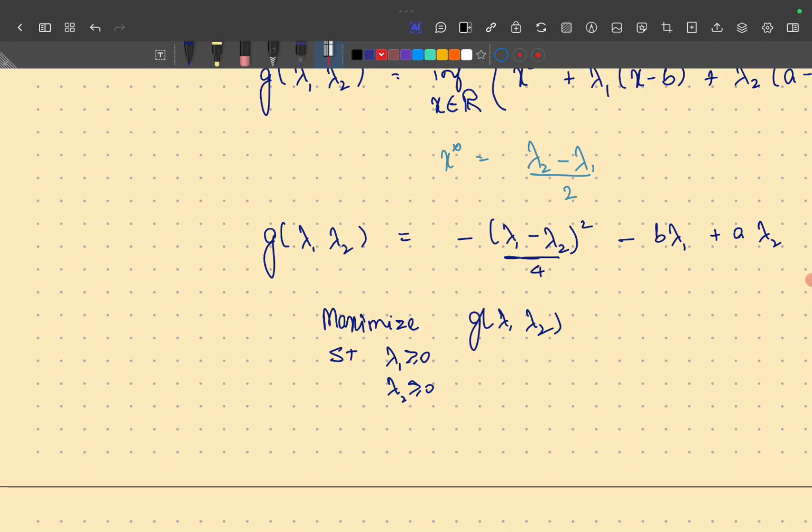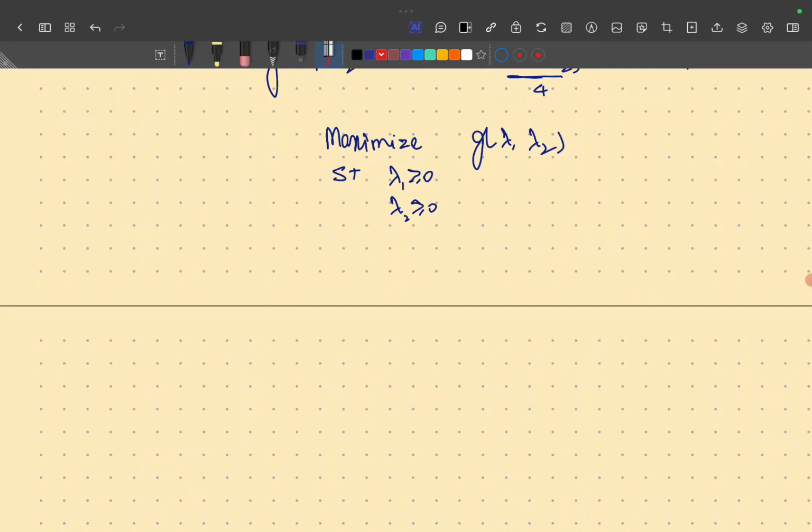Let's consider the following problem. It's not a particularly interesting optimization problem, but nevertheless it's a problem where Slater's condition is not satisfied. In this case, the domain is not all of R^d, but it is the set of all x1, x2 such that x2 is greater than 0.